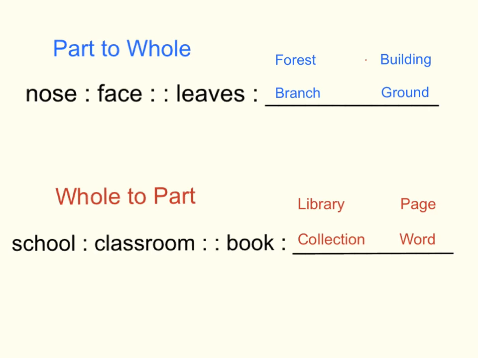So, a nose is on a face. So I'm using those together and I say a nose is on a face, like leaves are on a, and now we have to figure out where will it go.